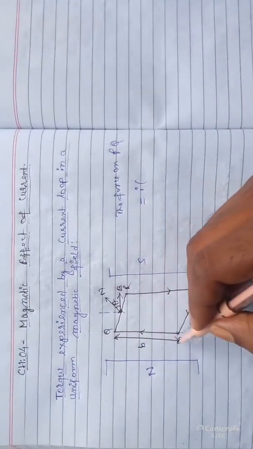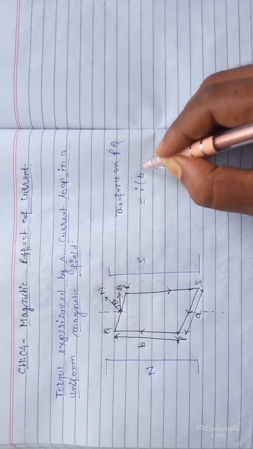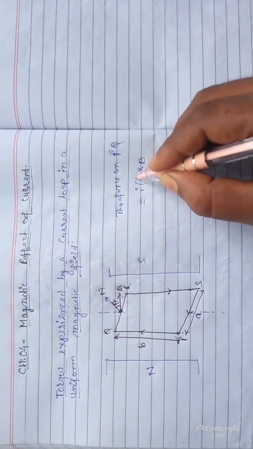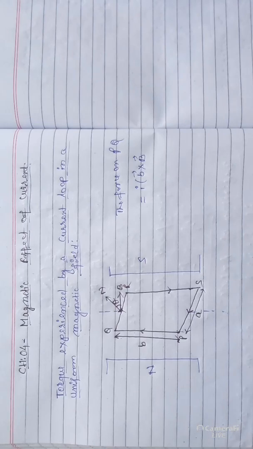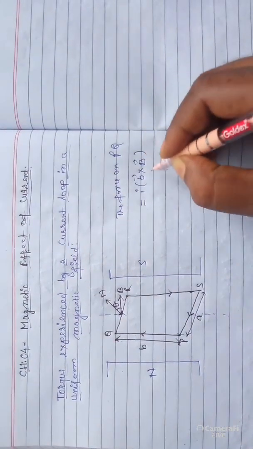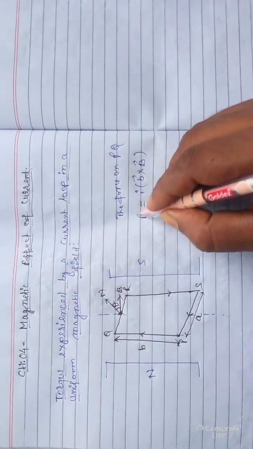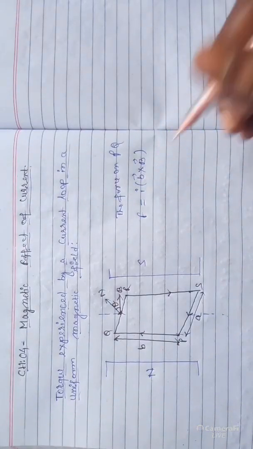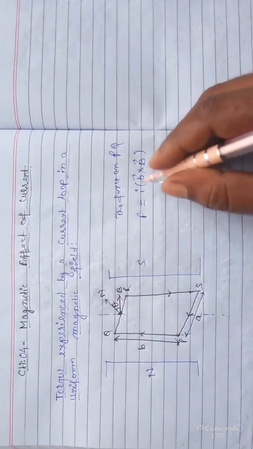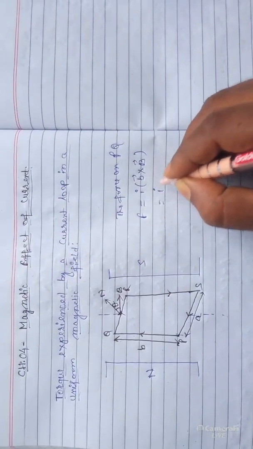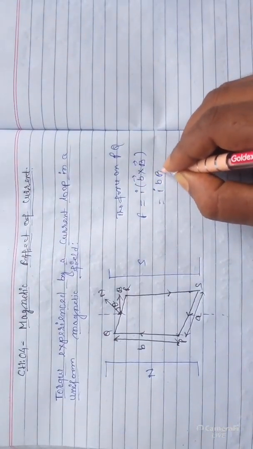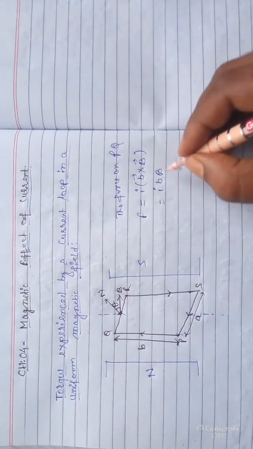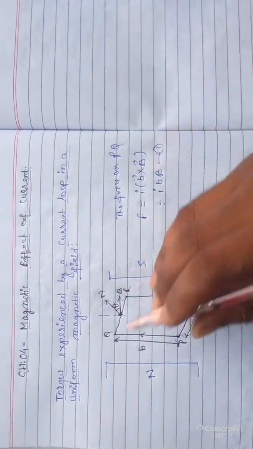L is b. b is the length. b cross B. What is the angle between small b and capital B? The angle between them is 90 degrees. So you can write I b B. So this is the force on the wire PQ.